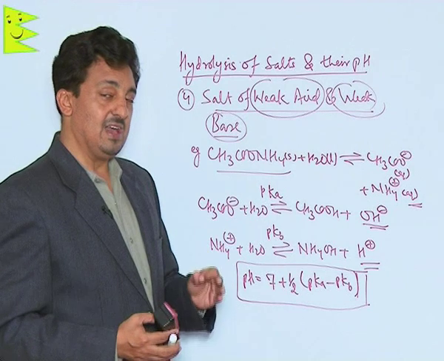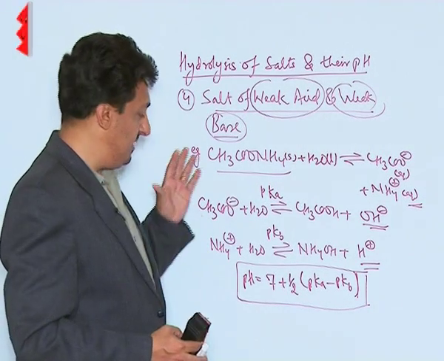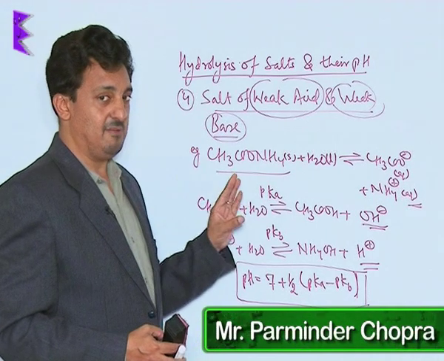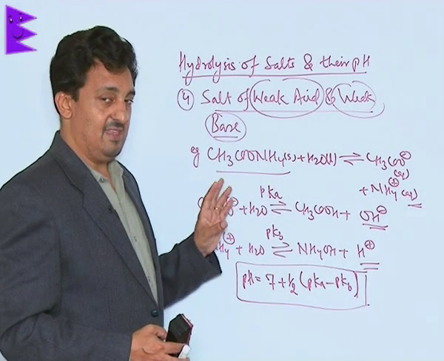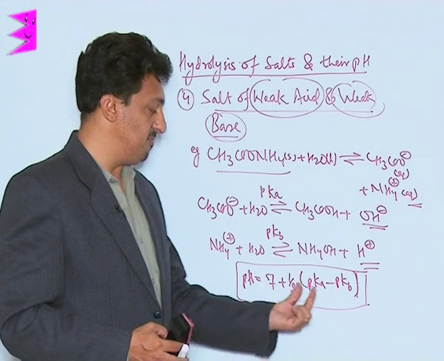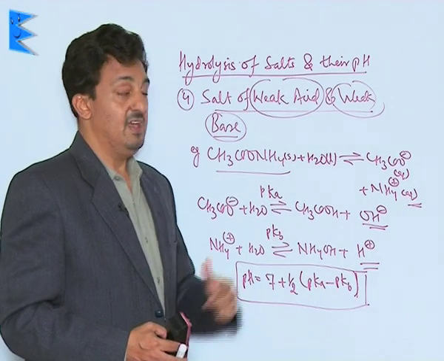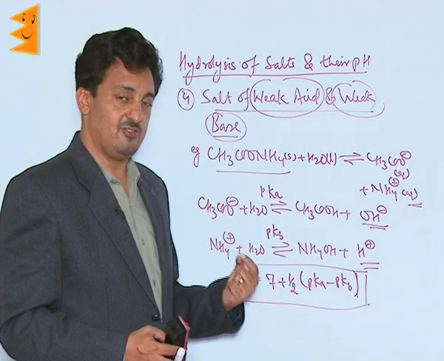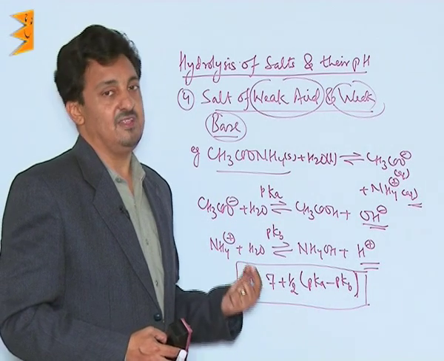Now let us do a numerical to understand how the pH of such a salt, which is actually a combination of a weak acid and weak base, is determined, and as the formula which has been given, it is equal to 7 plus half of pKa minus pKb, because it's not depending on the concentration, it depends on the relative strength of the dissociation constants of the acid and the base.